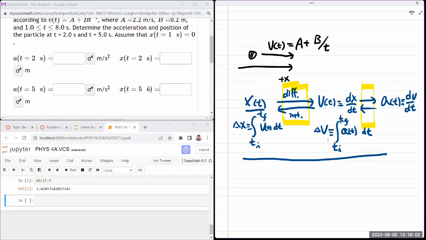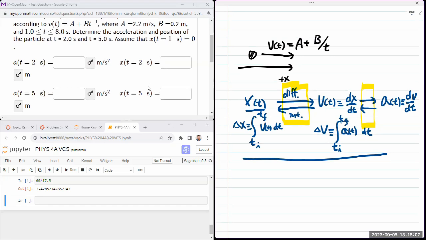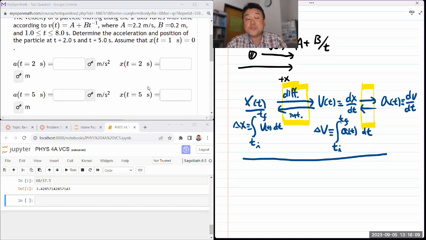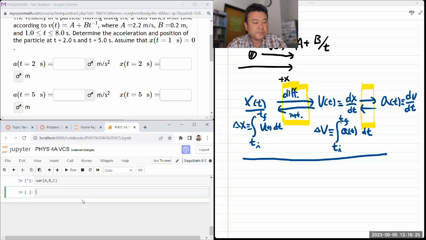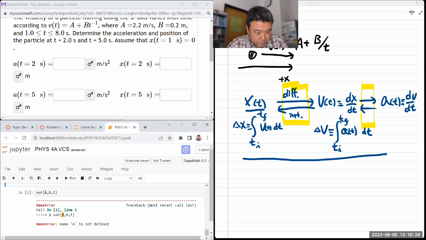And let me do that with SageMath, because I can do it by hand, but let me just demonstrate how SageMath works. I'm going to declare some variables I'll be using: a, b, t, and I think I'm going to be defining velocity slightly differently. So my velocity, oops, that's wrong.